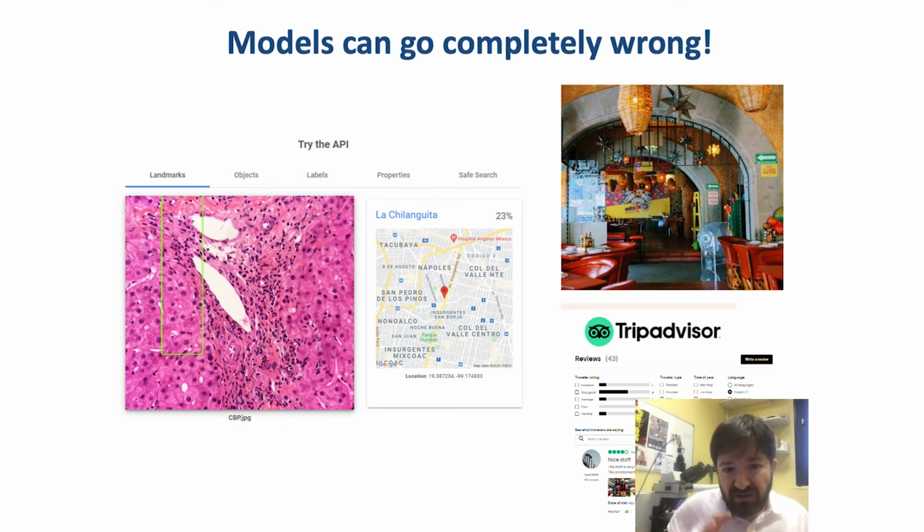Although it may be a really nice restaurant, it was not the picture I gave the model. It's a joke, but it shows you that you can go completely wrong with this kind of model, and you always have to be cautious.